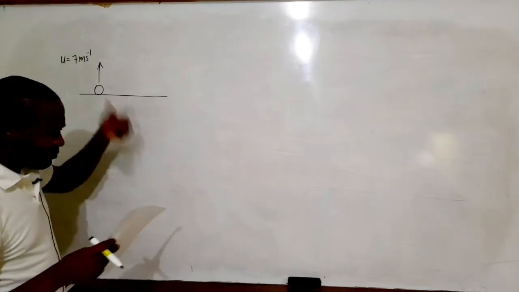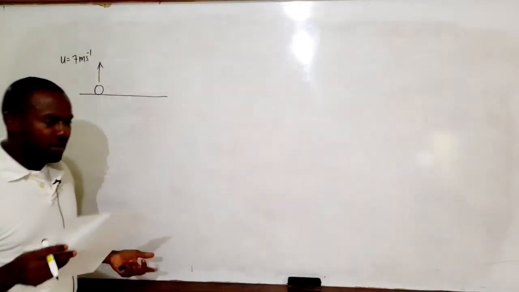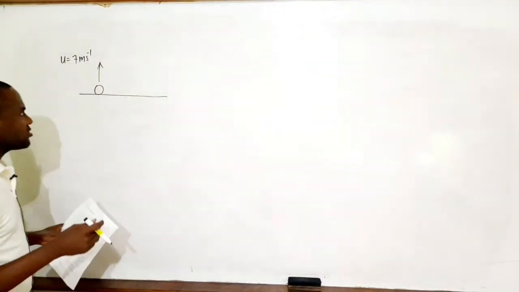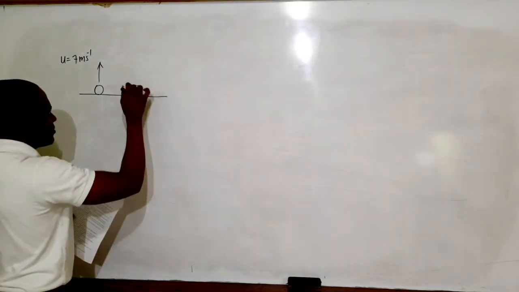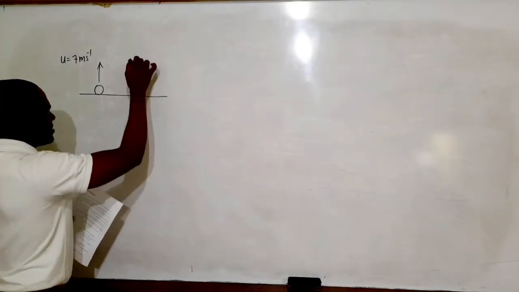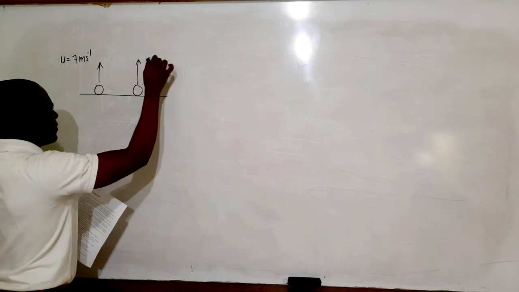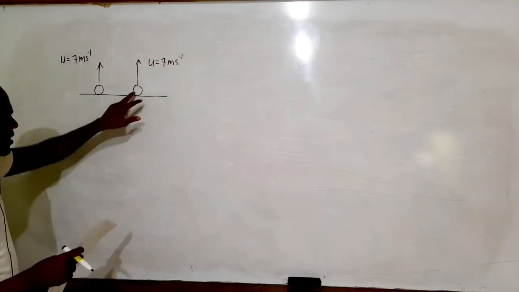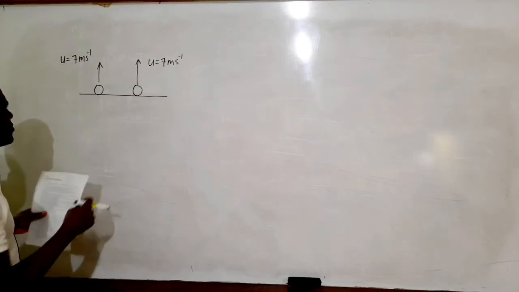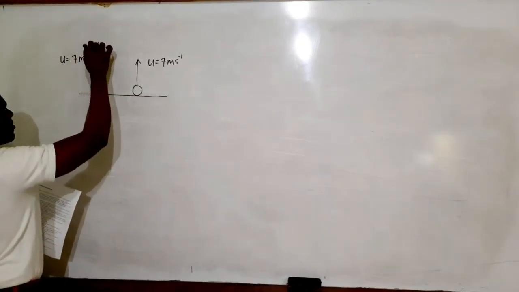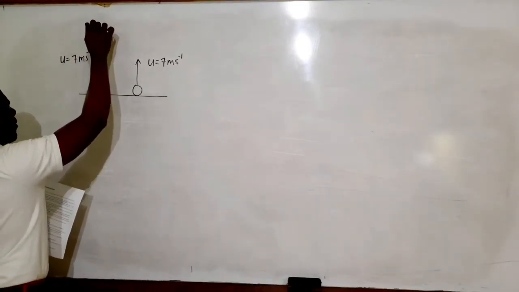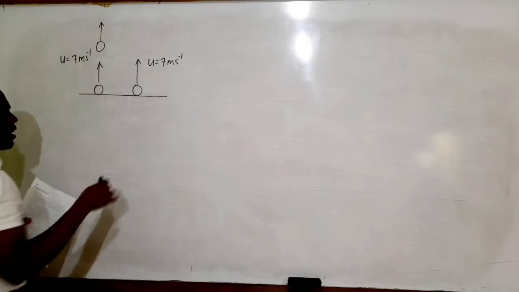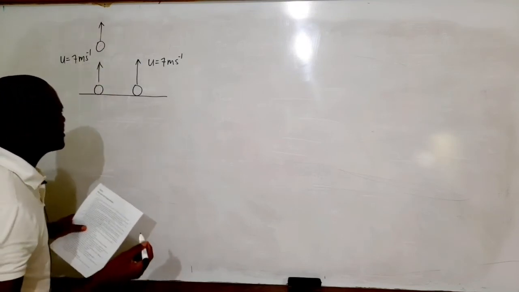So it will have been moving for 1 second when we have a second stone thrown or projected with the same velocity, u equals 7 meters per second, right? So by the time this stone is projected, this one would have already been at some height, we don't know, moving upwards, right? However, the two stones meet.